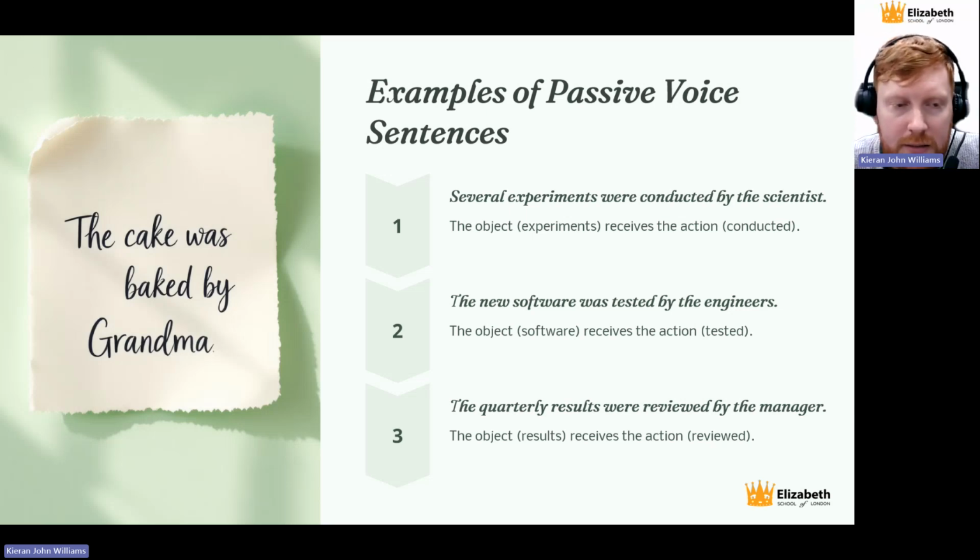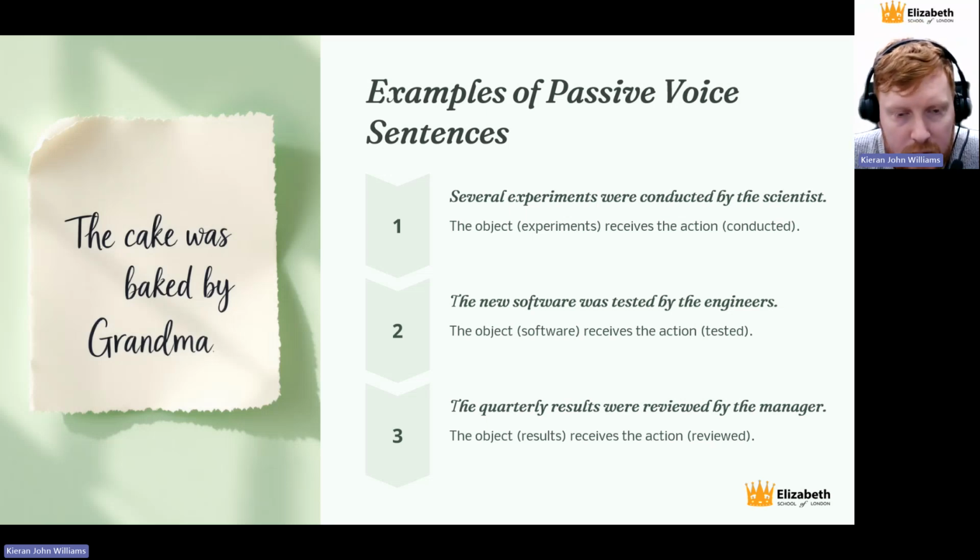We don't care who did it necessarily, but we're only focusing on the action and the result. So in the example sentence number 1, several experiments were conducted by the scientists. The important things are the experiments and that they were conducted. It's not necessary to know who did it. Okay, we're only caring about the experiments and the conducting of them.